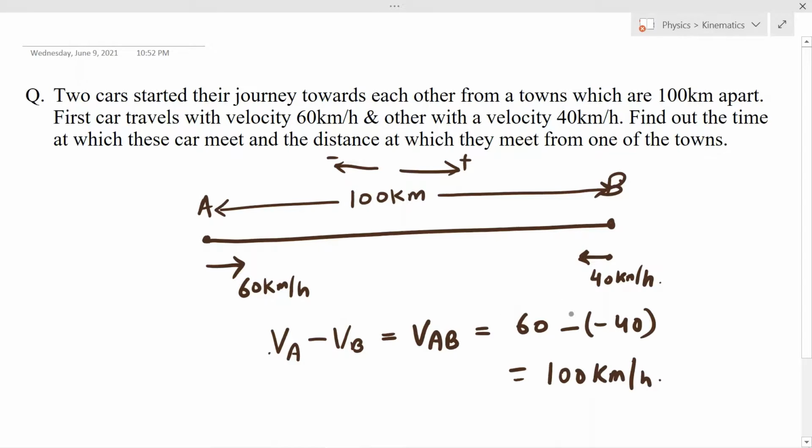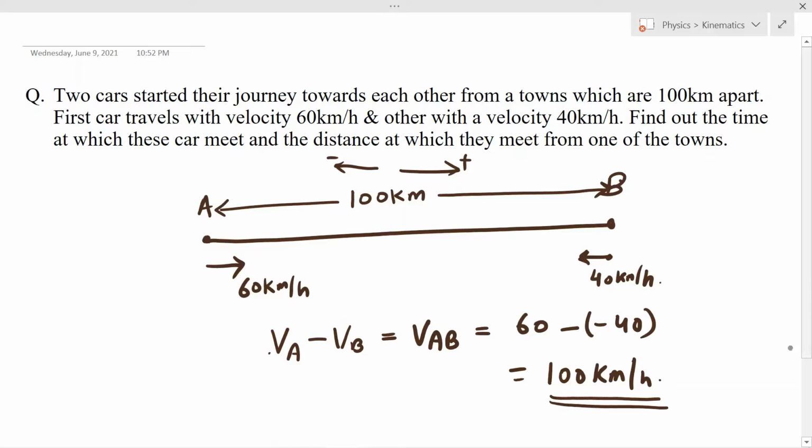Now with respect to point B, suppose in car B there is one passenger. This passenger will be at rest, because in the frame of reference of car B, obviously the passenger will be at rest, and for that passenger car A will appear to approach with the velocity 100 kilometer per hour, because the velocity with respect to B is 100 kilometer per hour.